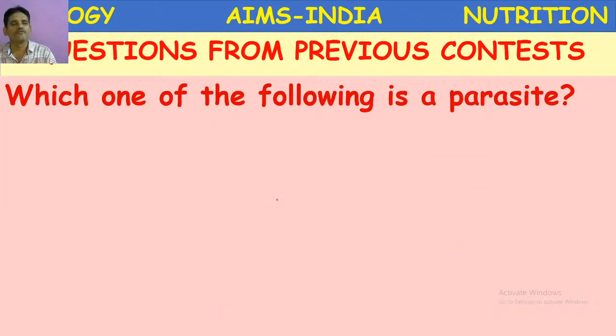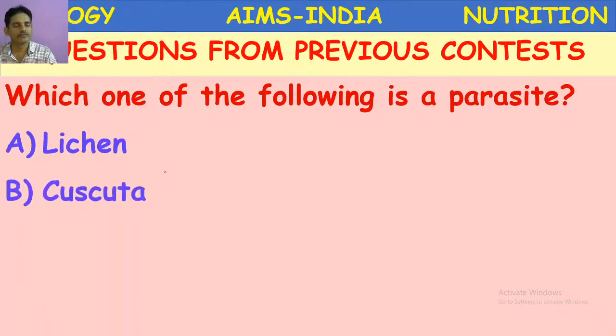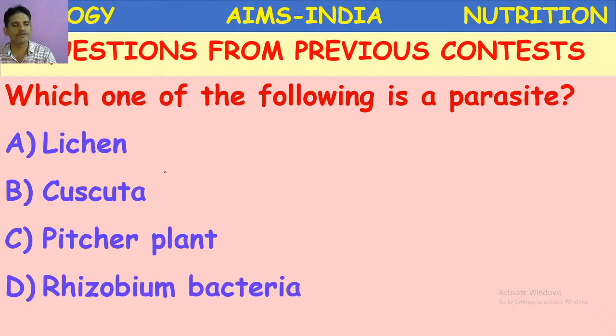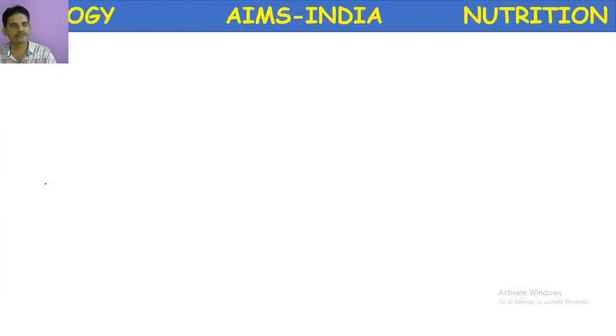Next question, which one of the following is a parasite? Lichen, Cuscuta, pitcher plant, Rhizobium bacteria. Once again, Cuscuta is a parasite.